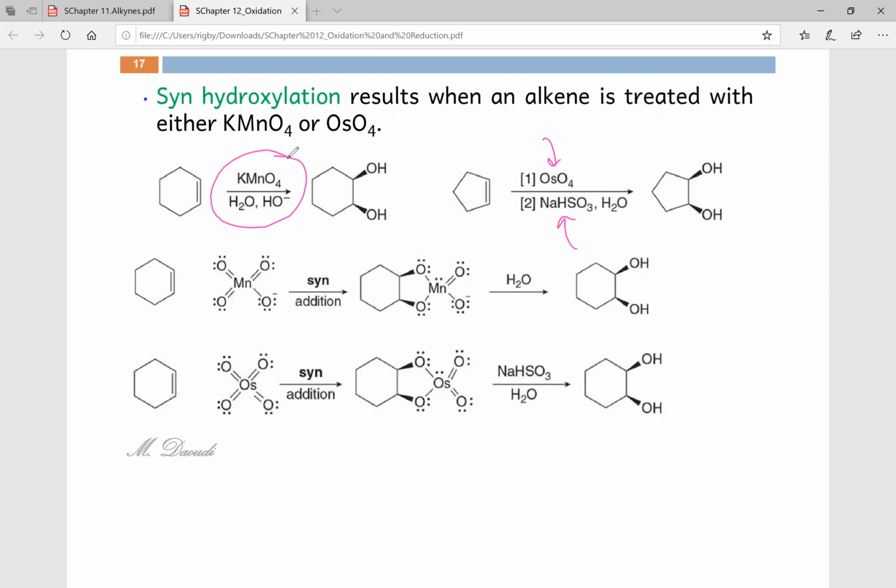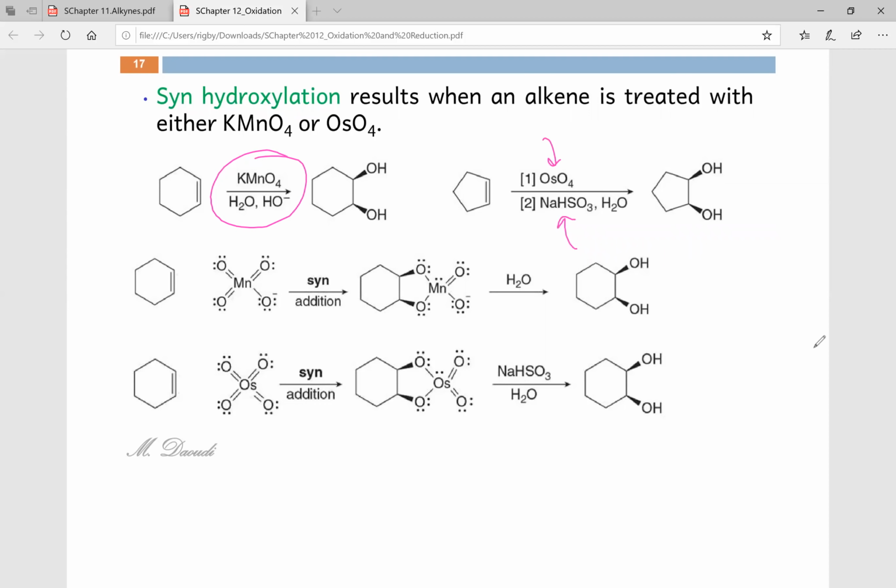Whereas with KMnO4, everything happens at once. That's just something important to note because a lot of people forget that. But they're going to create the same type of product. Does that make sense? Yes.